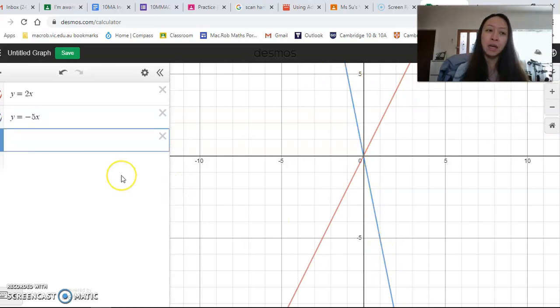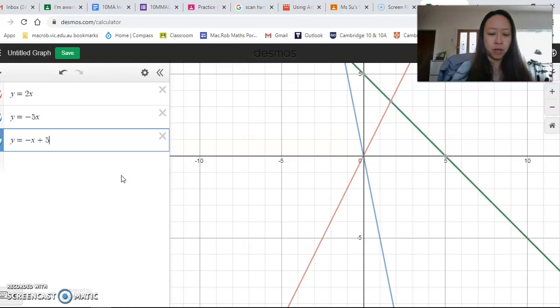And we also did y = -x + 5. For this one, because we have a plus 5 constant over here, the intercept has a value of 5. The intercept is the point where the line crosses the y-axis.